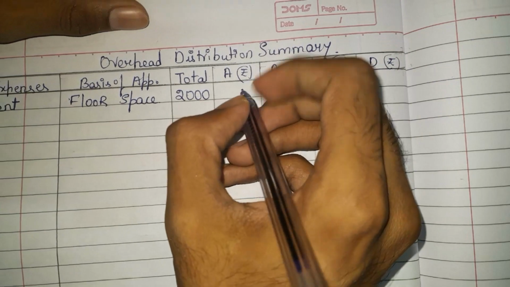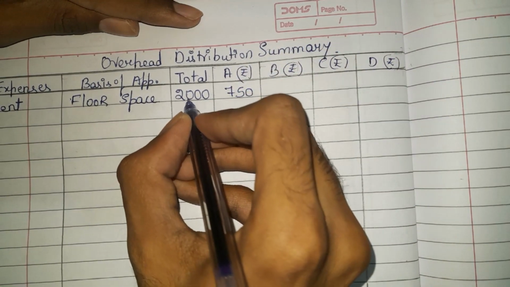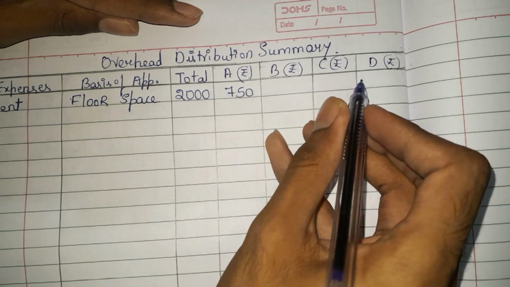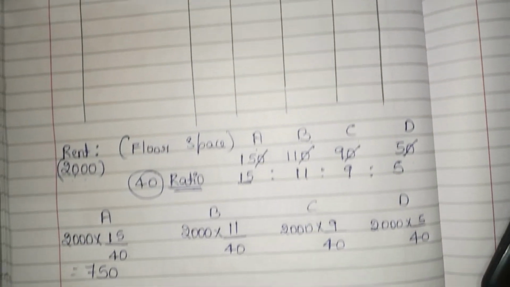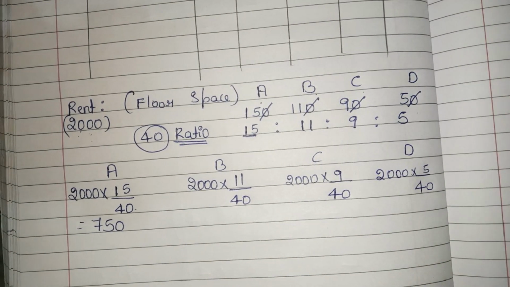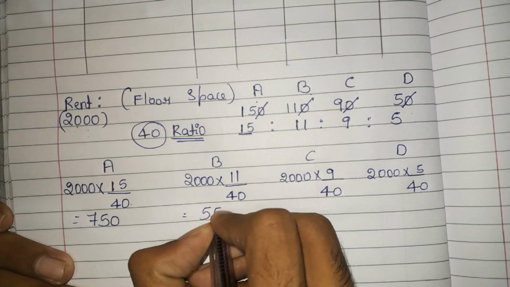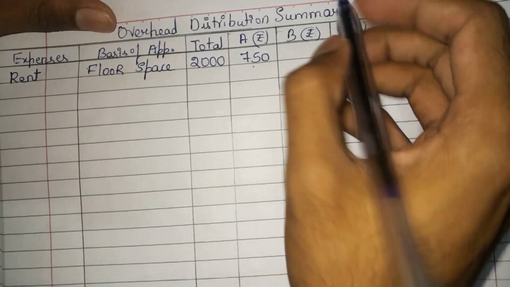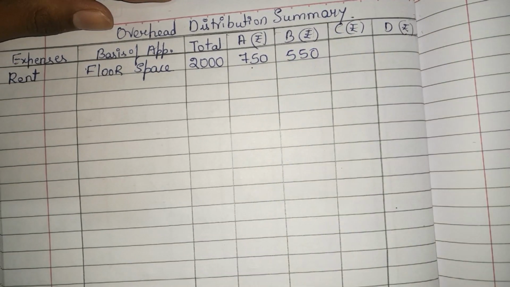So for A it is how much? A it is 750. This means this 2000 cost we are dividing among all departments. A department is 750 rupees. Next, B department is 2000 into 11 divided by 40. It is 550. So for B department 550 is the cost.